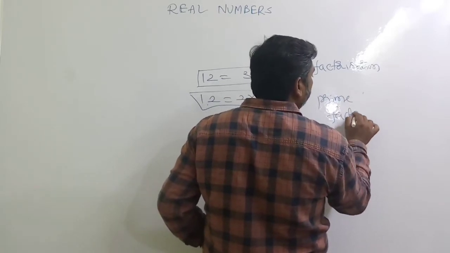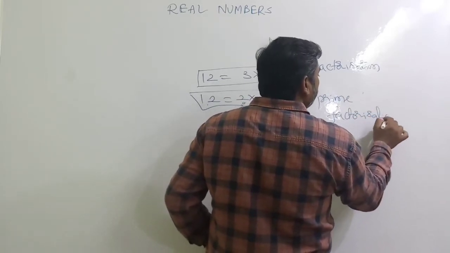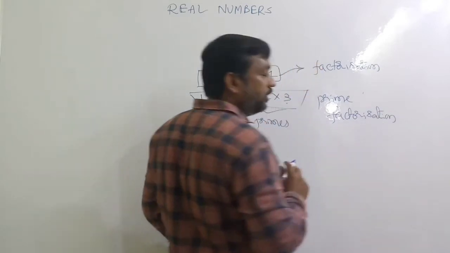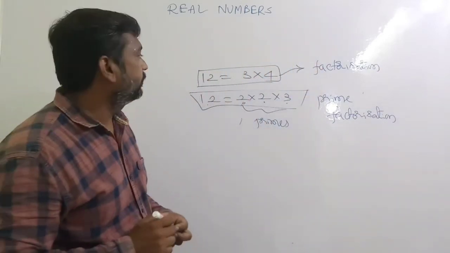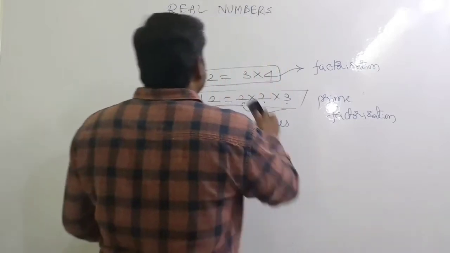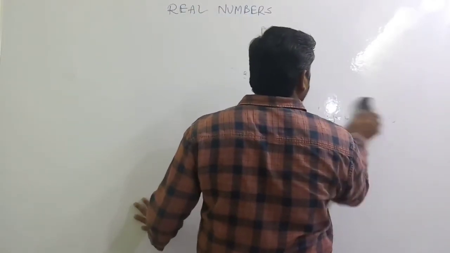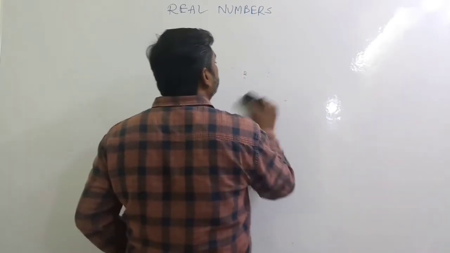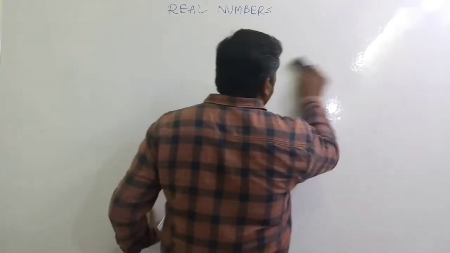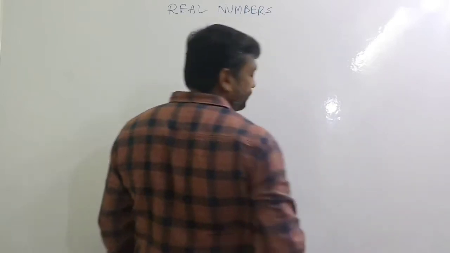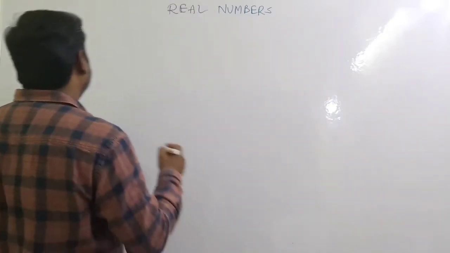If a number is not prime, it is called a composite number.